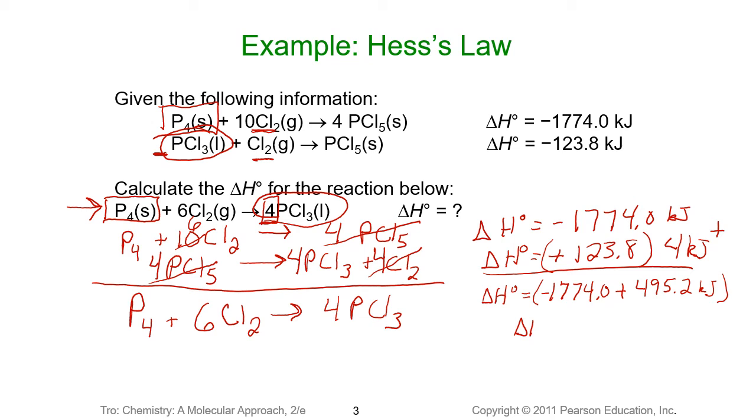And so the delta H that we end up with is negative 1,278.8 kilojoules. So because it's negative, that tells us that it is an exothermic reaction.